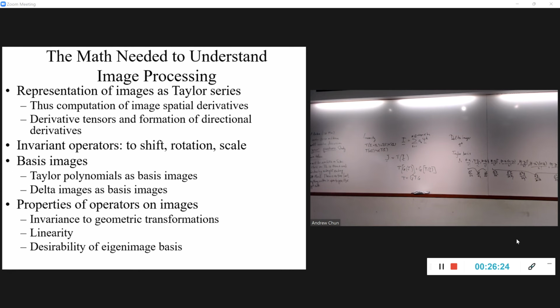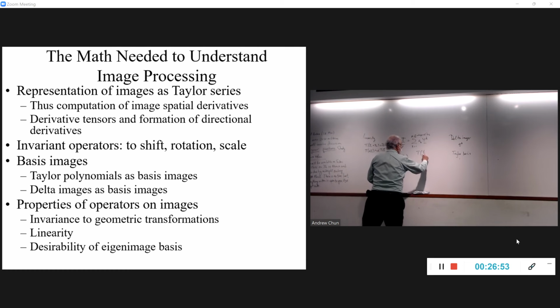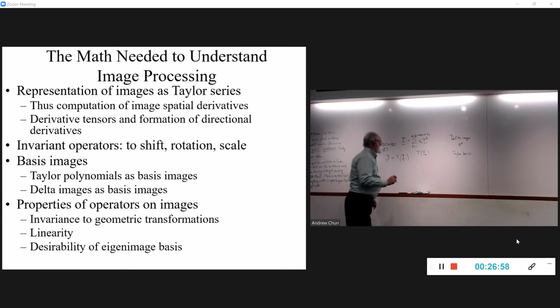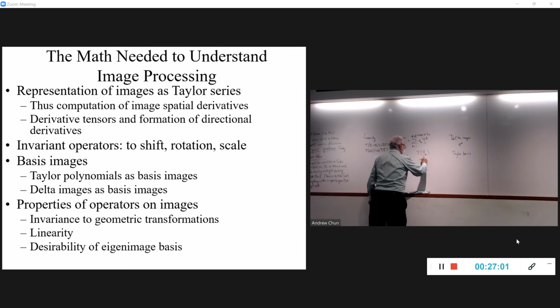That is to say, when you applied T to one of the basis images, you got simply a multiplier times the basis image.